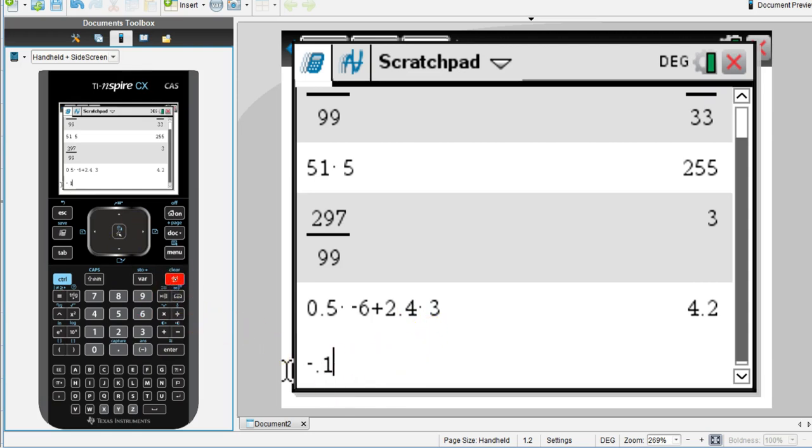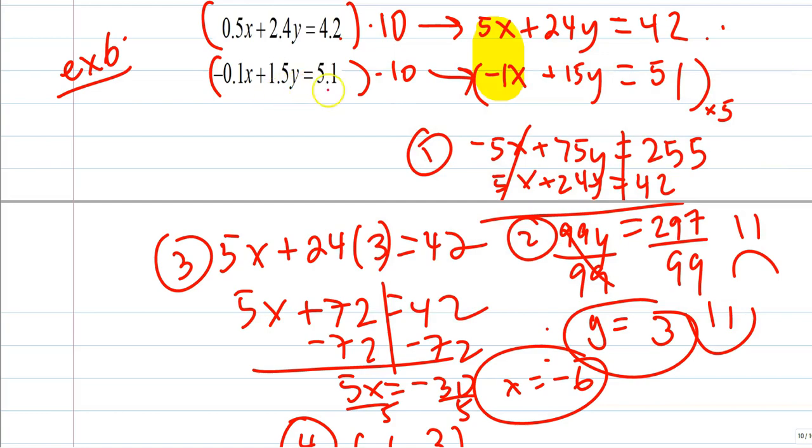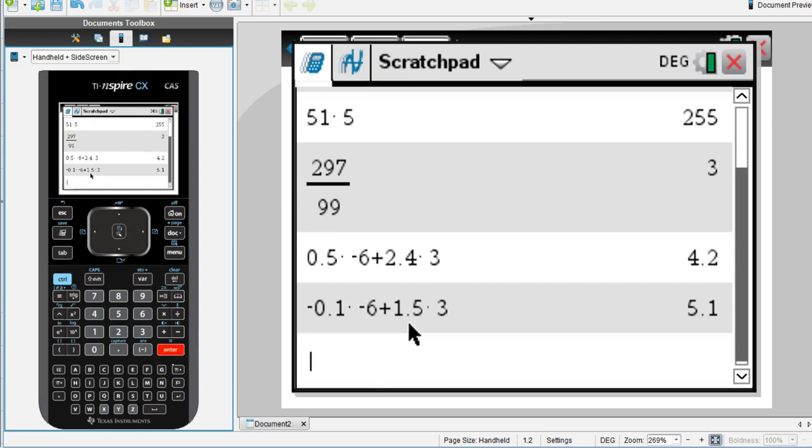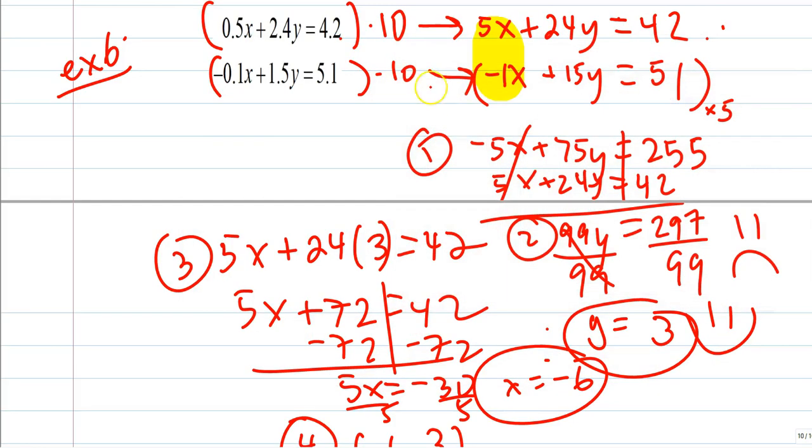I should put some parentheses in there. So -0.1 times -6 plus 1.5 times y. Y was 3. Is it supposed to be 5.1? Says it's going to be 5.1.